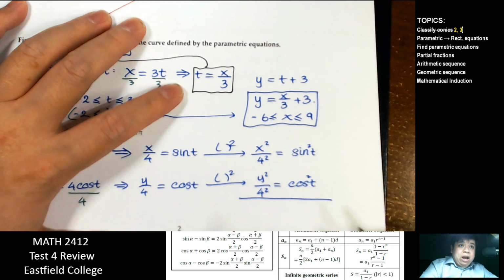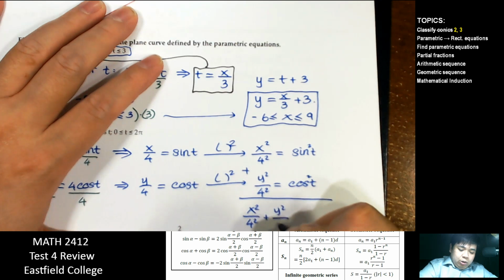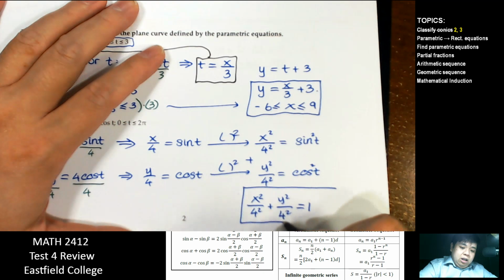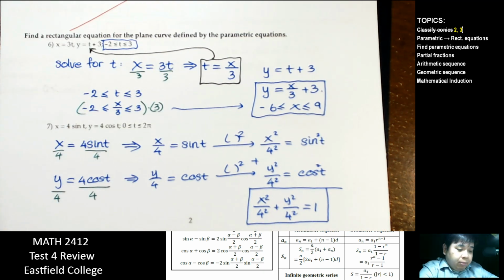And then if we add side by side, x squared over 4 squared plus y squared over 4 squared equal to 1. This is an ellipse, or more specifically, it is a circle.